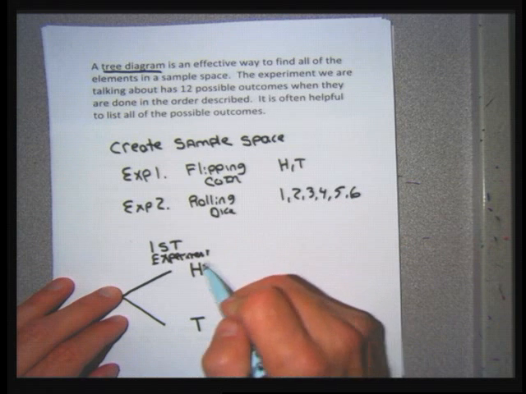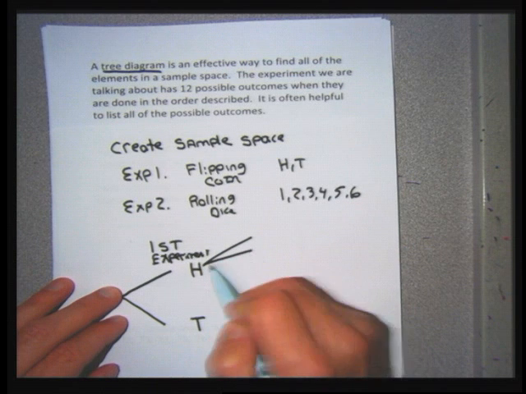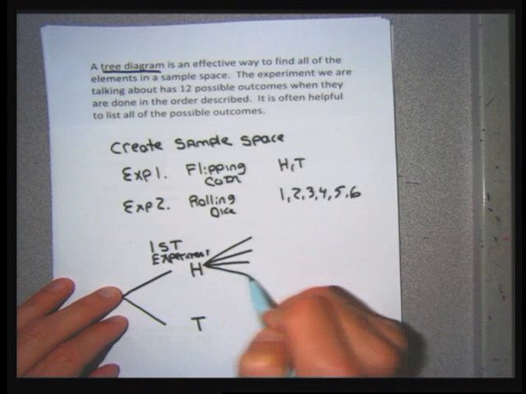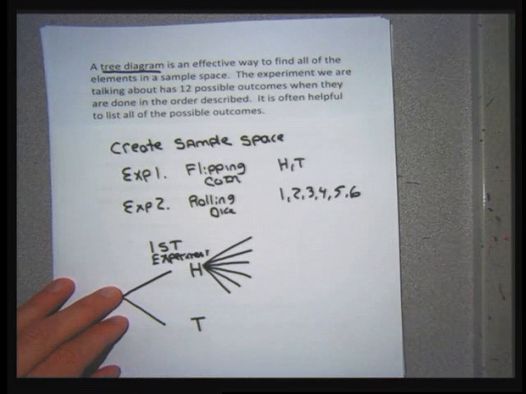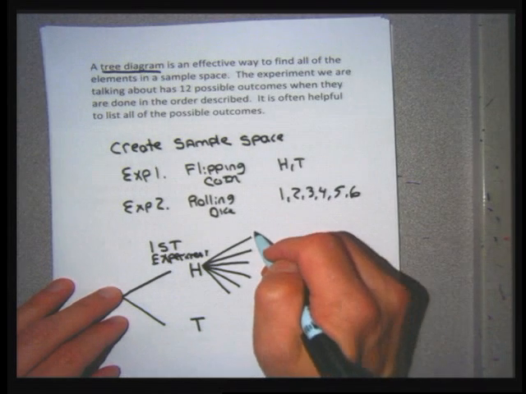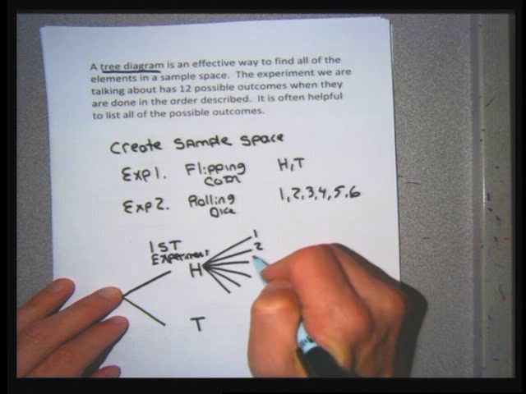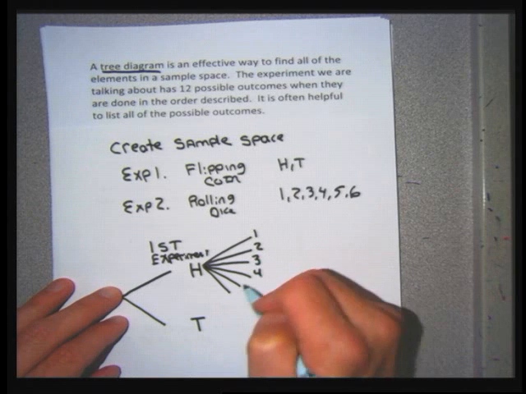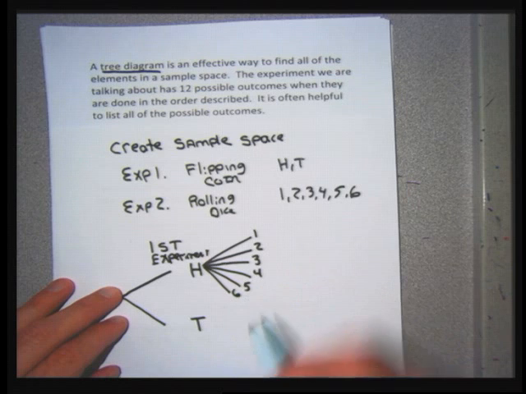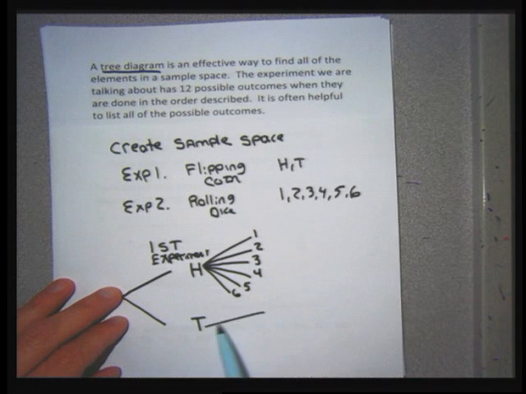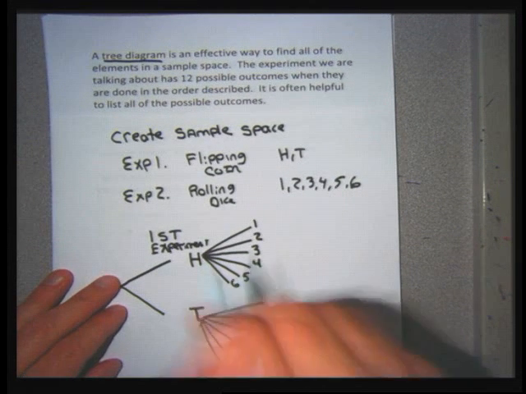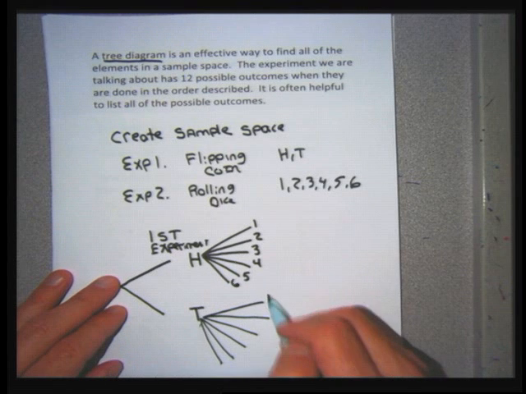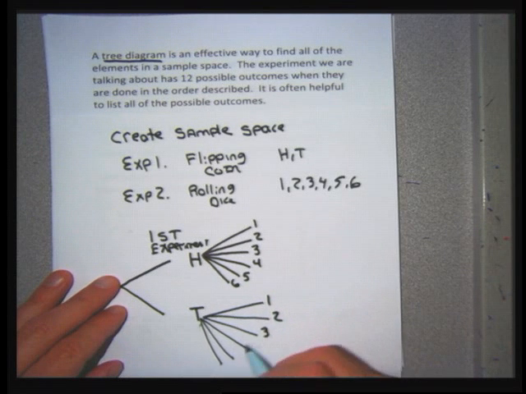So from the head, I'm going to make six branches, and at the ends of the branches I'm going to put the numbers that are possible for rolling the dice, so I can get a 1, 2, 3, 4, 5, or 6. I'm going to do the same thing from the tail. I'm going to make 1, 2, 3, 4, 5, 6 branches, and I made them go down because I didn't want my branches to overlap, and they don't have to be that pretty. My typed up version is kind of pretty.